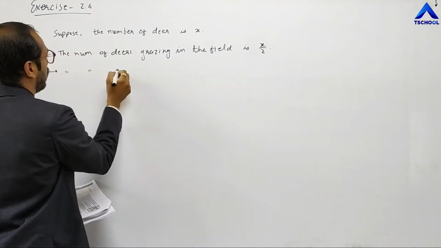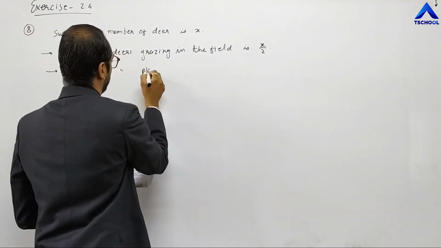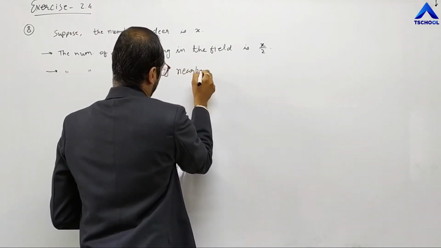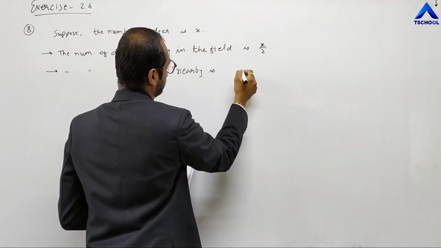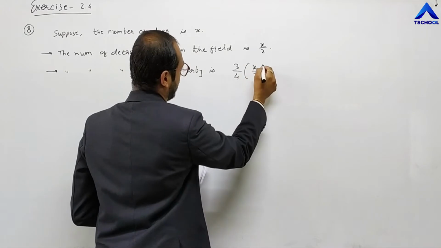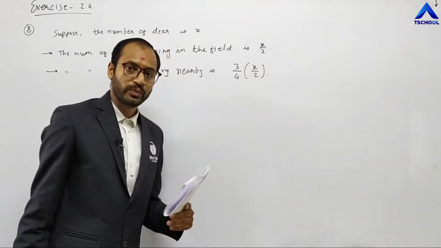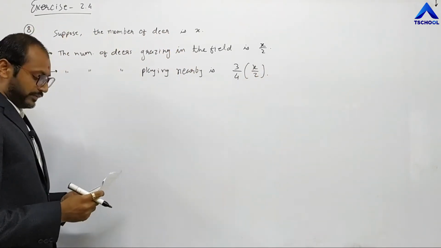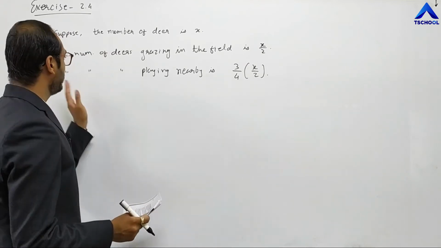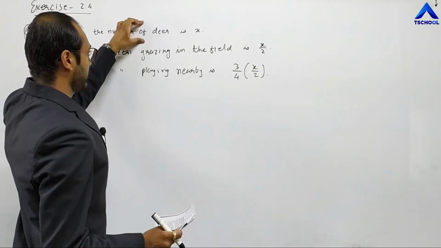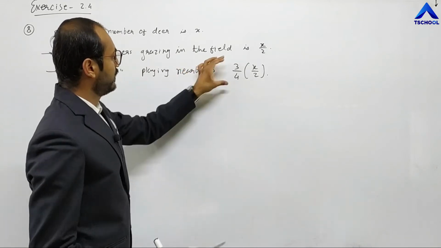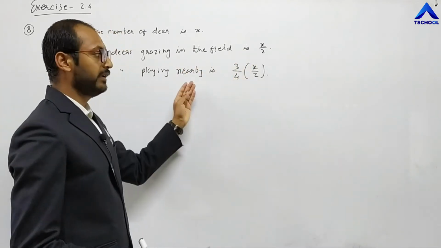The number of deer playing nearby is 3/4 of remaining. Remaining are x by 2. That means the total number of deer is x, half is x by 2 which are grazing in the field, and 3/4 of the remaining are playing nearby.